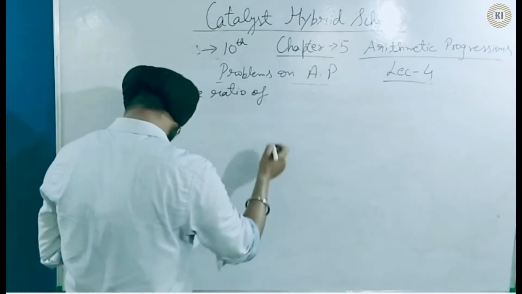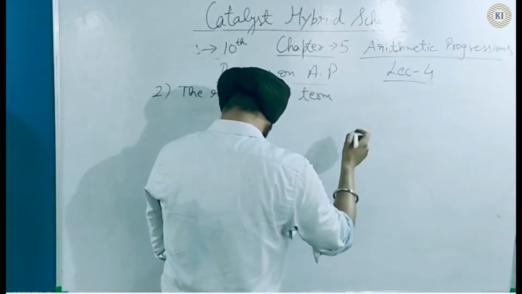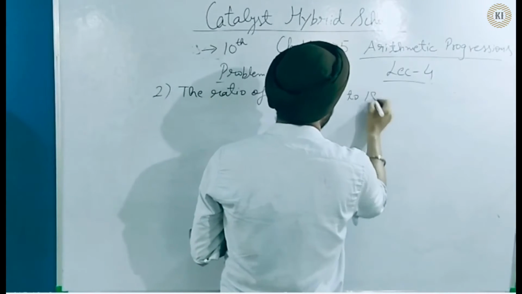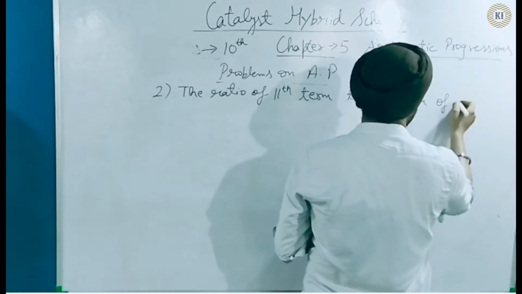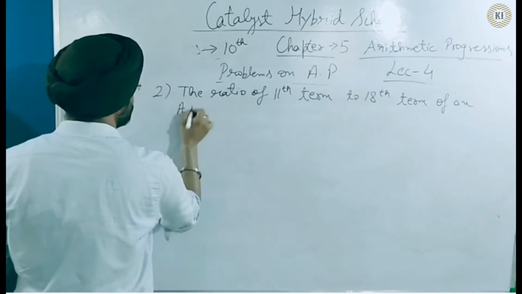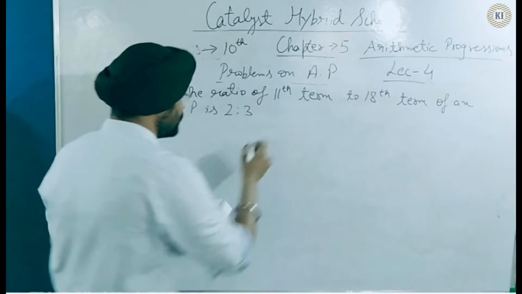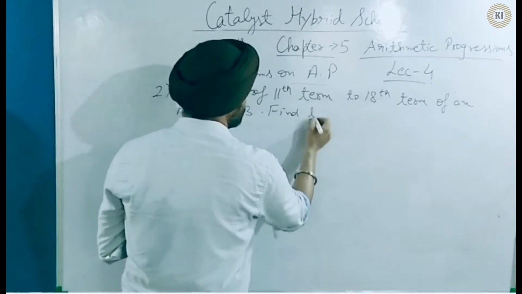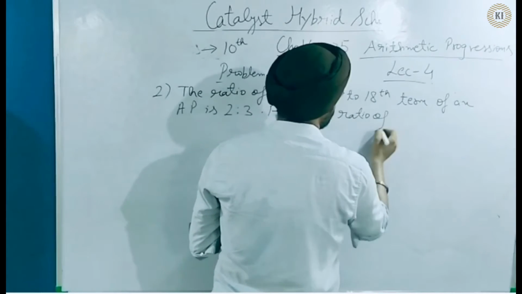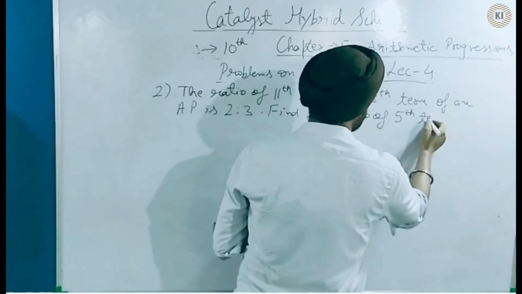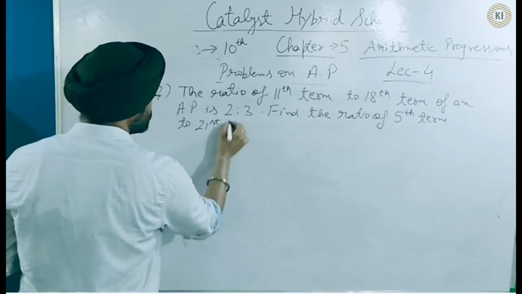The ratio of the 11th term to the 18th term of an AP is 2:3. Find the ratio of the 5th term to the 21st term.